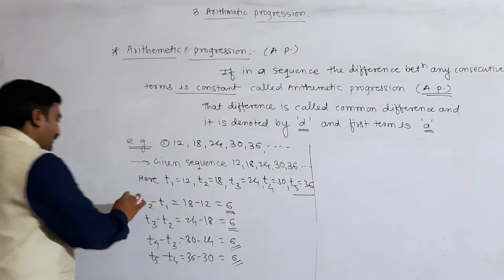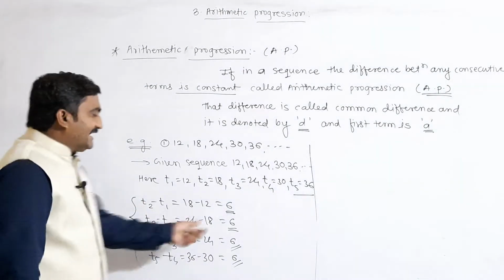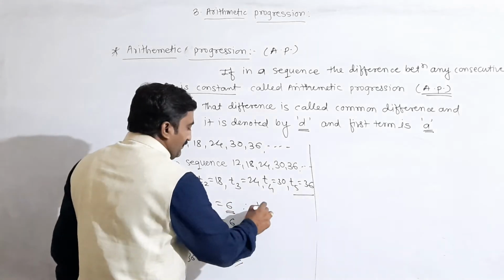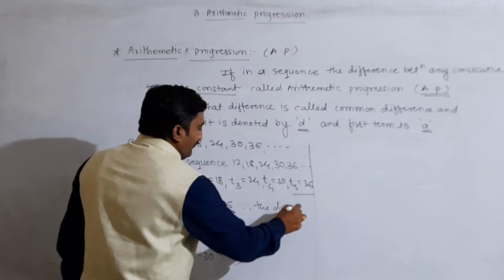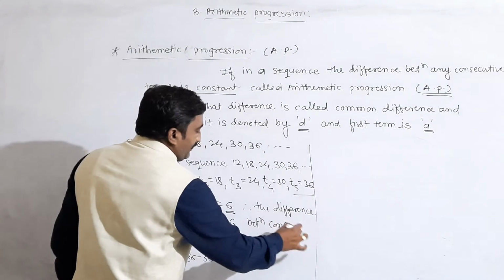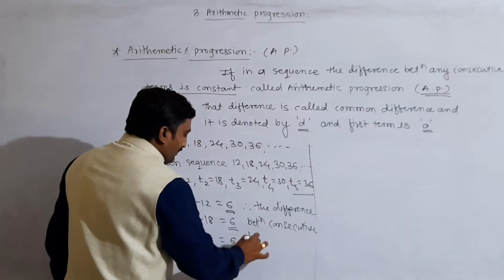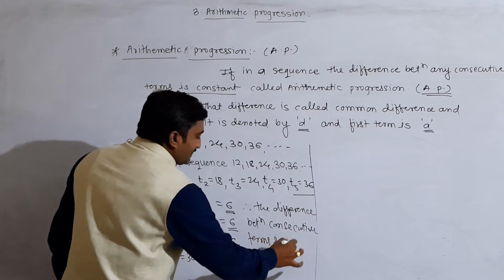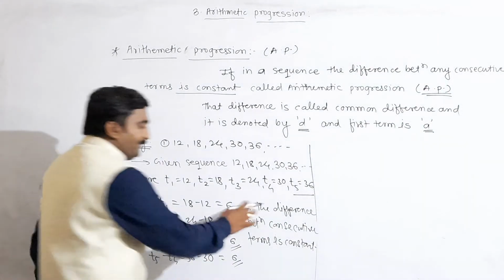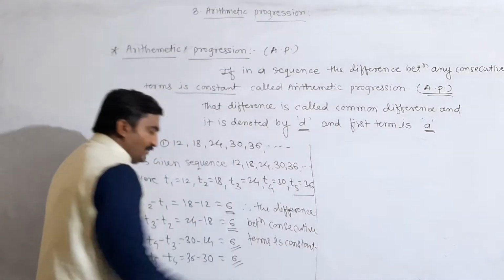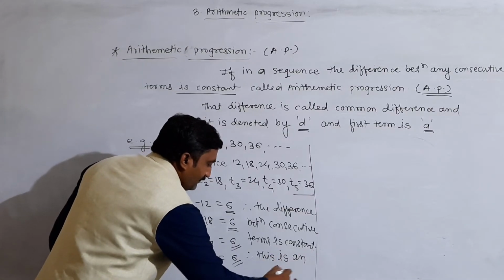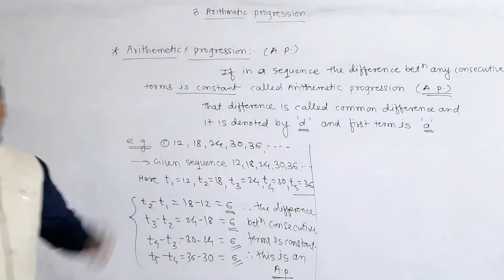It means the difference between consecutive terms is constant. Therefore, the given sequence is an AP.